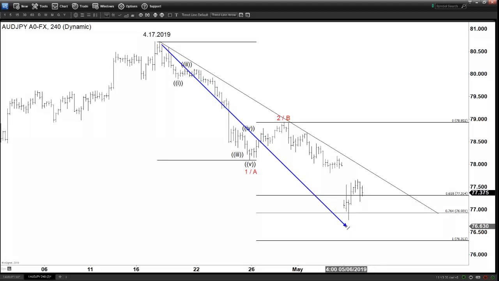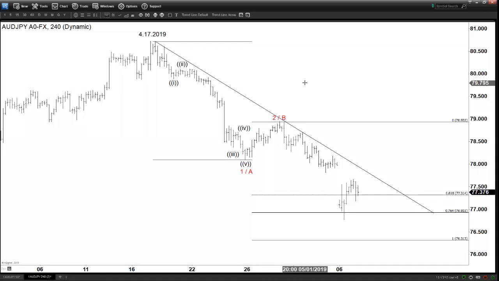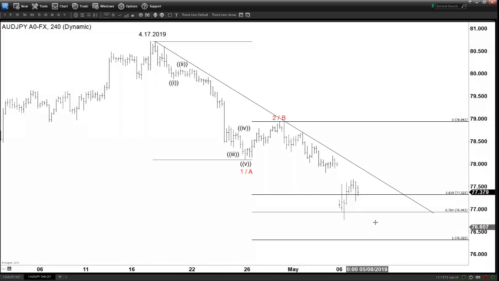That sometimes happens, but overall, when we are looking to forecast and make the next decision, we always use the typical rules, the typical guide in which zigzag C equals A. So in this case, we're still favoring the downside.